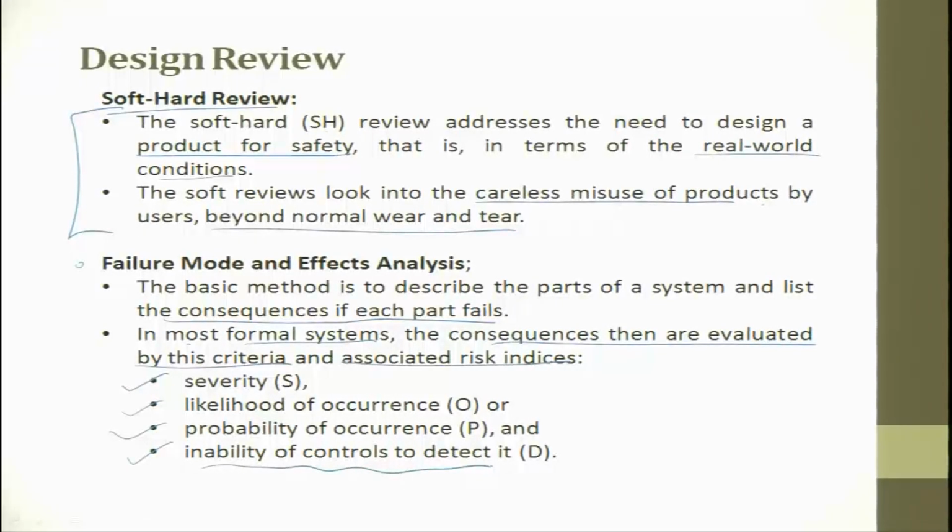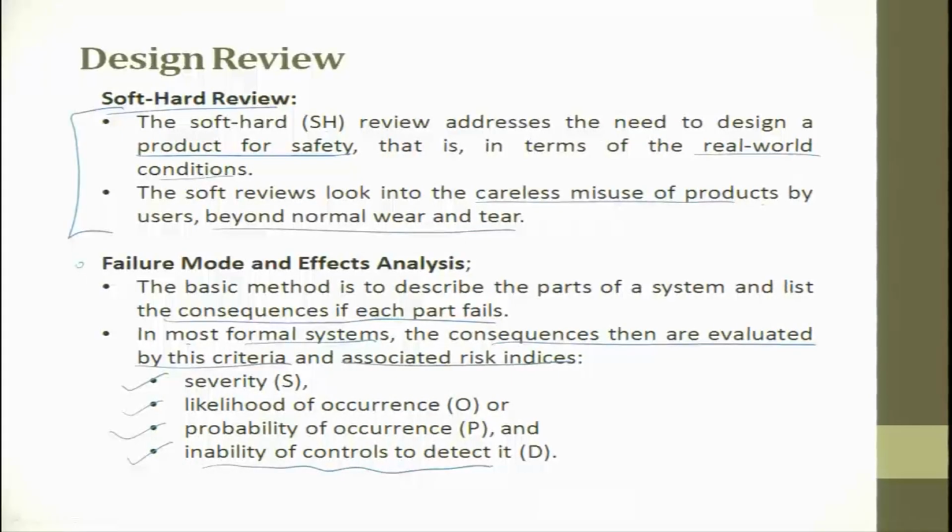That is what I say, inability of control to detect. Then the next thing is likely to occur. Likely to occur is you are pretty confident. Probability of occurrence, so you look at the data and you look at 100 pieces, what is the performance, and then you come up with the probability, because I am not pretty sure whether it is going to fail. So these two are completely different, likelihood of occurrence and probability of occurrence. And then severity of occurrence is very important. If this part fails, how severe it is with respect to the output.